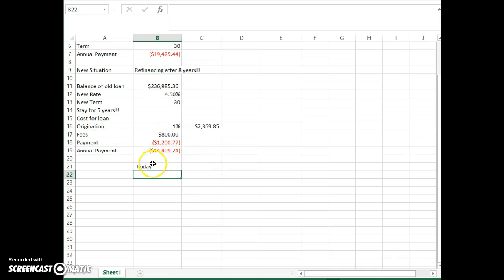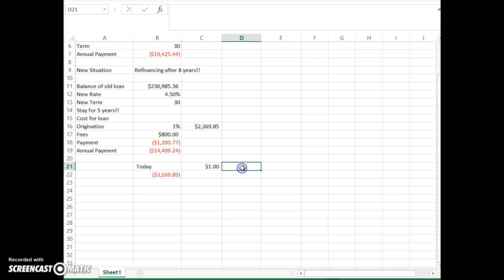So now with the calculation, we have to calculate the fees. So we do equal sign. Since it's a positive, we're going to make this a negative. Minus $2,369.85, which gives me $3,169.85.